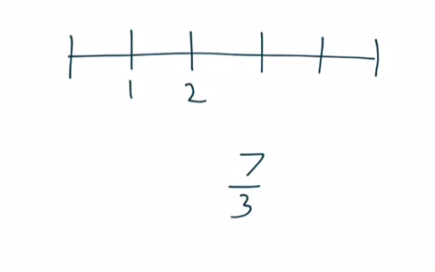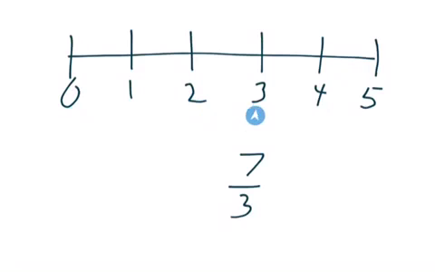So again, we have the number line, and let's say we have a fraction of 7/3. So we're going to do our numbers again: 1, 2, 3, 4, 5. So now we have 5 wholes instead of 4. We can start this one with 0.